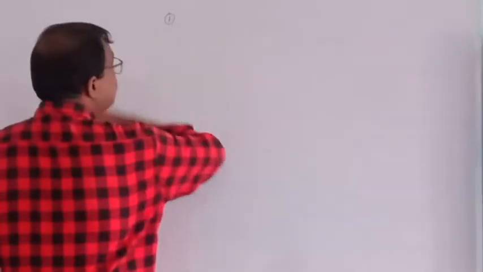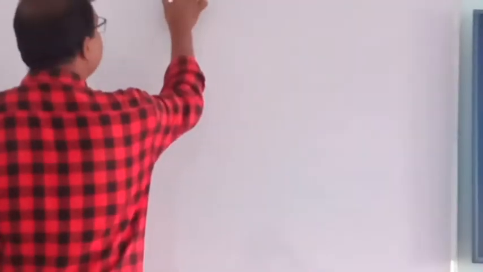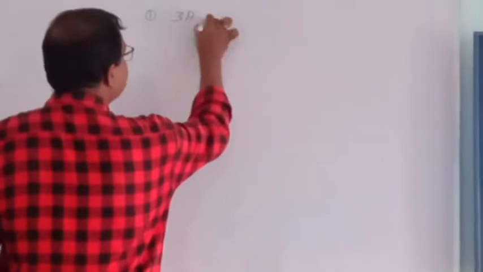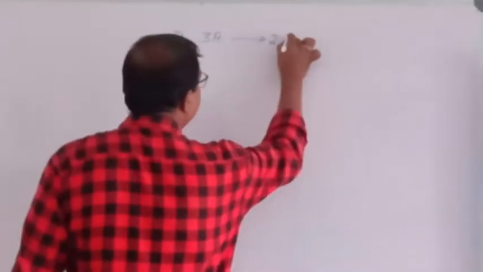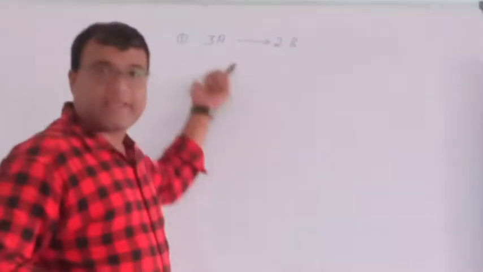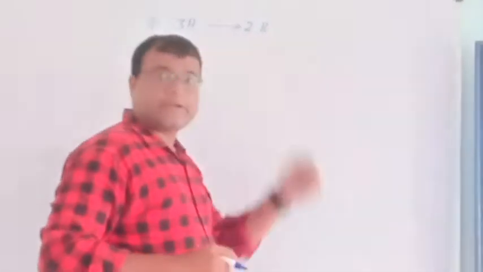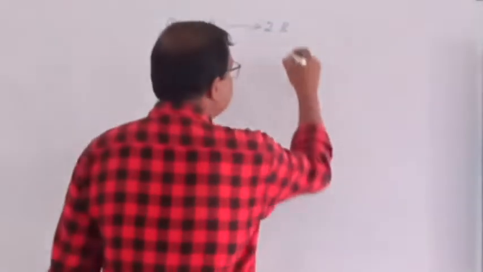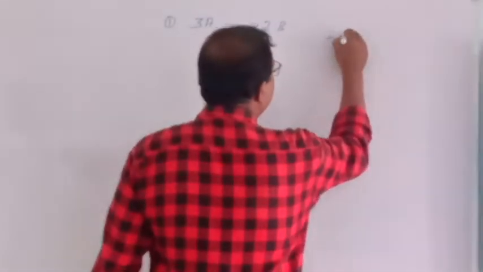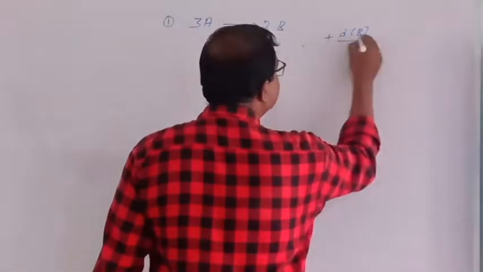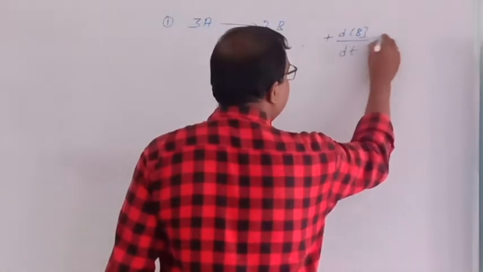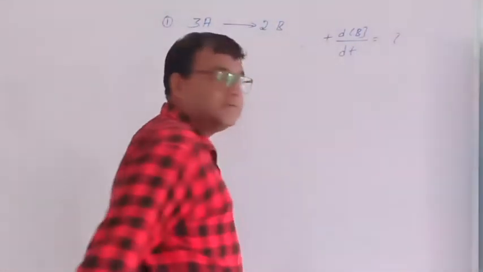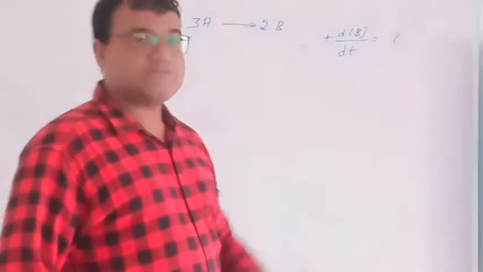Now question number 1: it is given 3A gives 2B. This is the reactant, this is the product. What is being asked is the rate of change of product with respect to time, equal to what? 4 options are given.